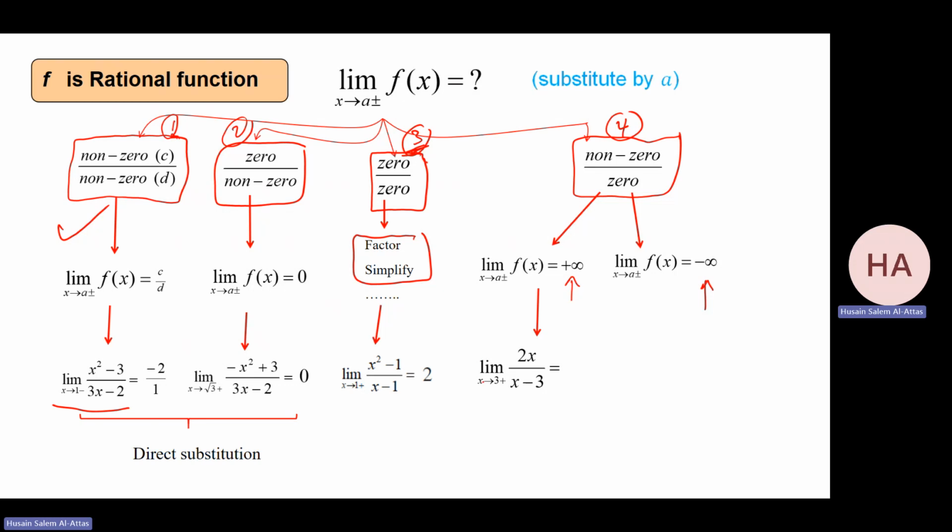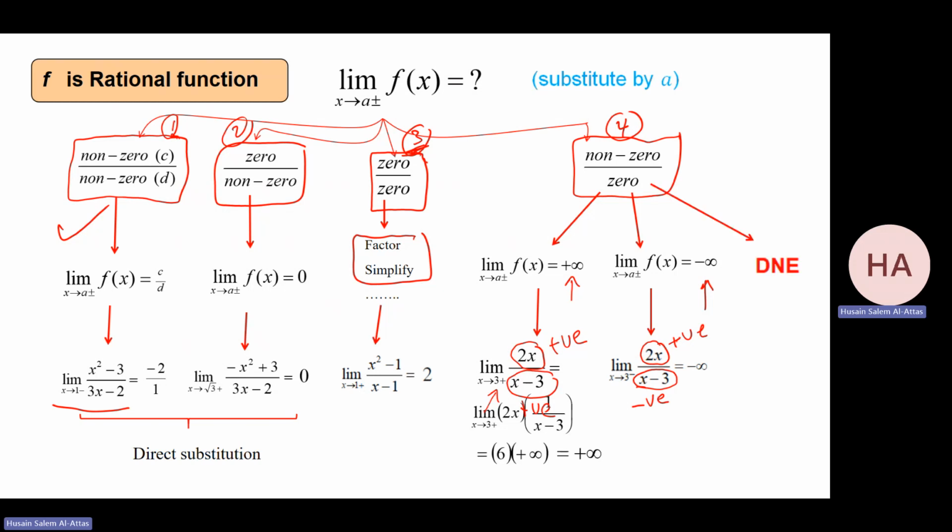Since it goes to 3 from the right, check the signs. This is positive, and as x goes to 3 plus, meaning more than 3, that will be positive also, so the answer will be plus infinity. However, in this case, if x goes to 3 from the left, which is a number less than 3, this will be a negative value, but it's an infinity category, so that will be minus infinity.